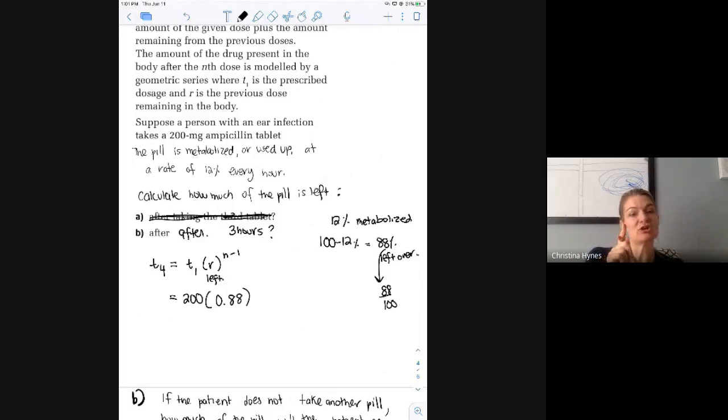That's why I said you have to watch what the question's asking for. Are they asking for metabolized or what's left? You need to use the right number. And then our n is 4, because it's 4 terms for 3 hours. So 4 minus 1. Then you just put that into your calculator: 200 times 0.88 to the power of 3, because 4 minus 1 is 3. So I get 136.29 milligrams left over.